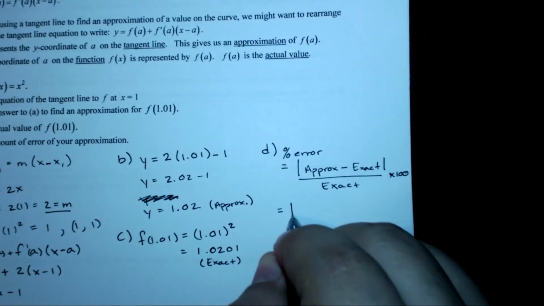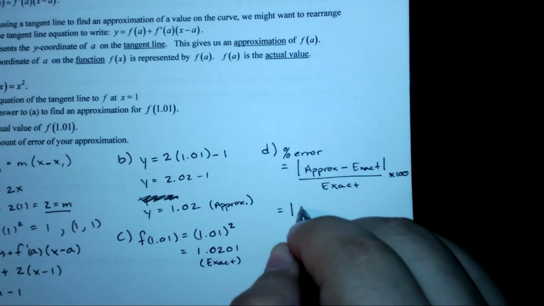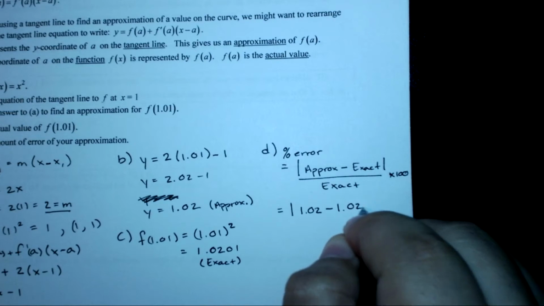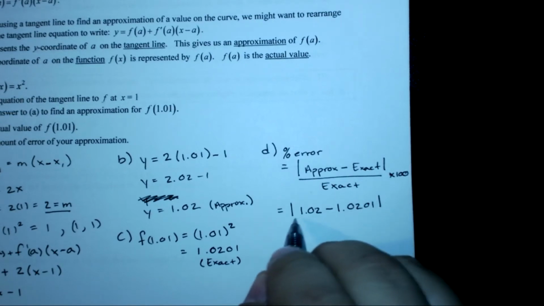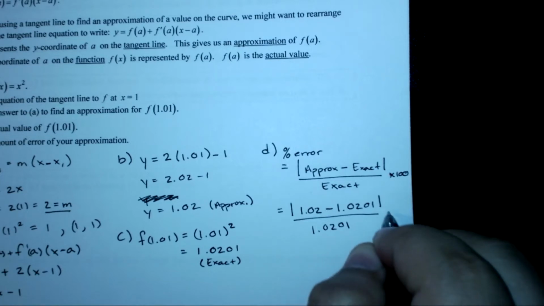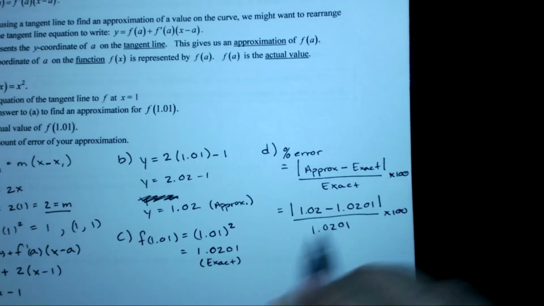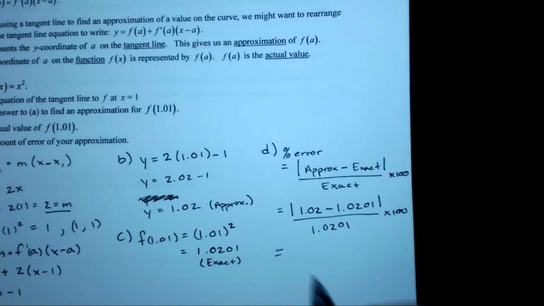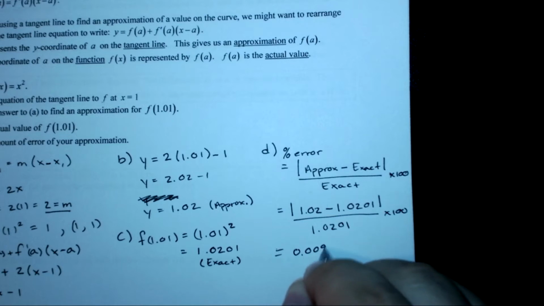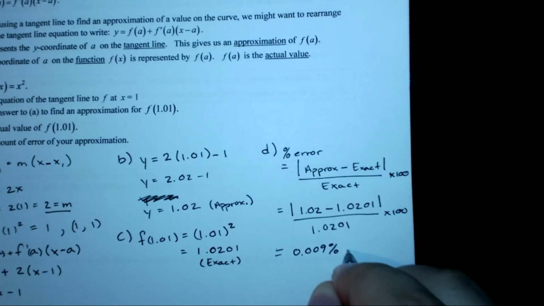So if we plug in our values, our approximate was 1.02 minus 1.0201, divided by 1.0201 times 100. We calculate that error and we get 0.009% error.